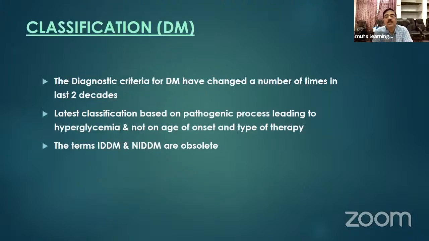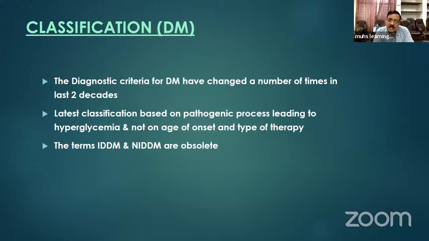Classification and diagnostic criteria have been changed a number of times. What has actually happened? In the largest study, UKPDS, as the analysis kept coming in, what they noted was that the hyperglycemic targets were gradually lowered. Initially, they thought that this much will be the target above which diabetes be defined.